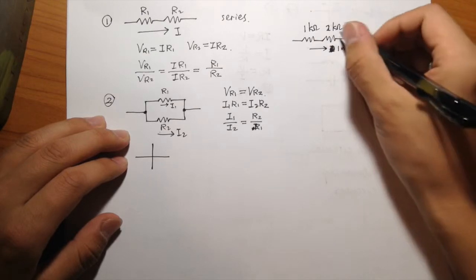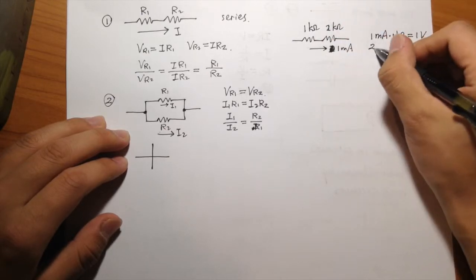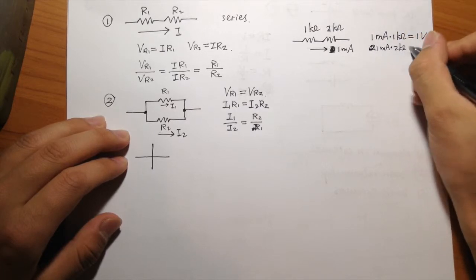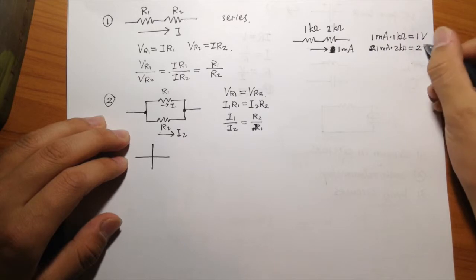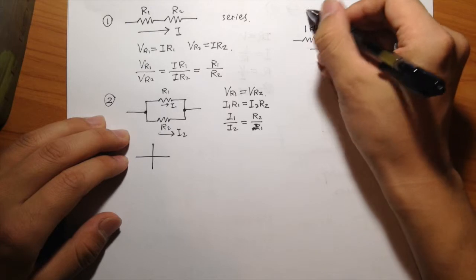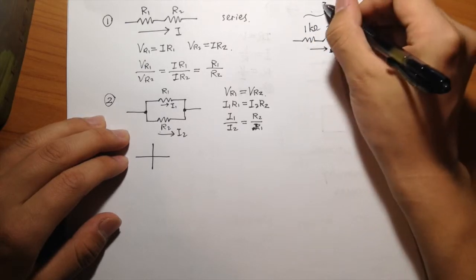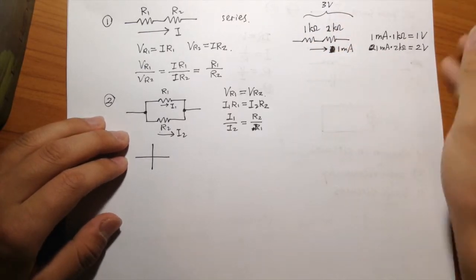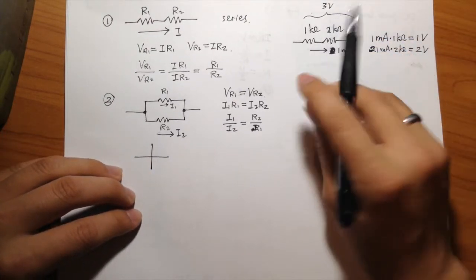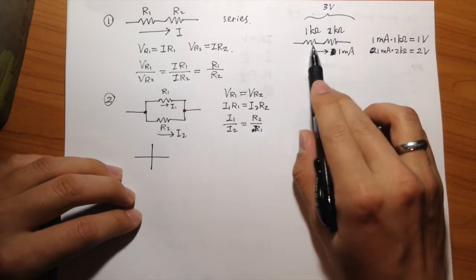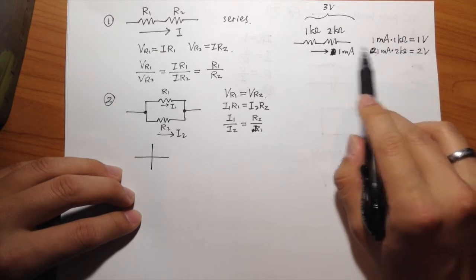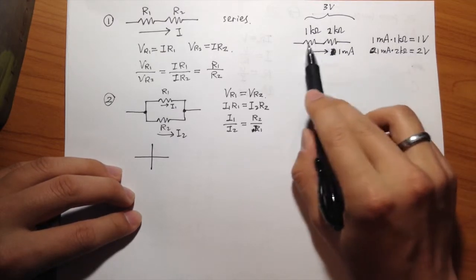Similarly, the voltage across this 2 kilo ohm resistor would be 1 milliamp times 2 kilo ohm equals 2 volts. So the total voltage would be 3 volts, but you can see that this 3 volts is divided between two resistors, and the ratio of the two voltages across these resistors is the same as the ratio of their resistance values.